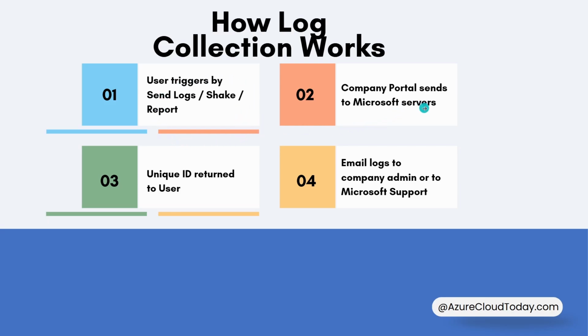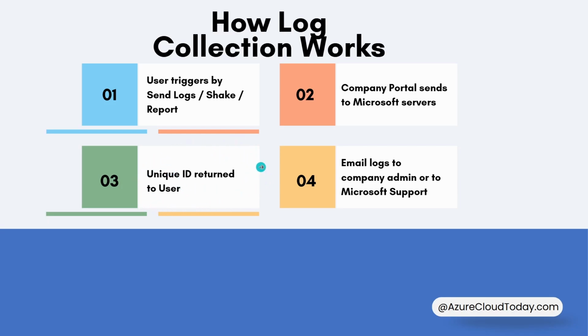Stage 2, the Company Portal app uploads those logs from the iPhone directly to Microsoft servers for you to review. Stage 3 is the part most tutorials skip, which is that Microsoft returns a unique incident ID.